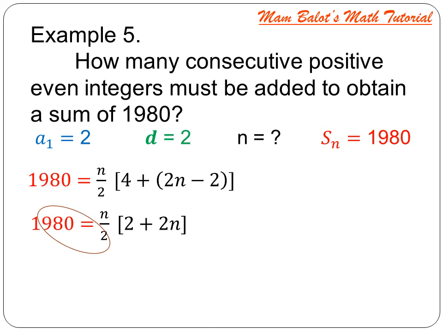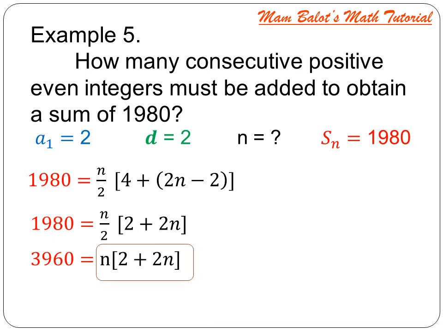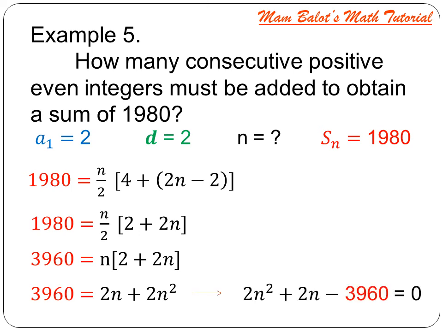So you have now 2n squared plus 2n minus 3,960 equals 0.